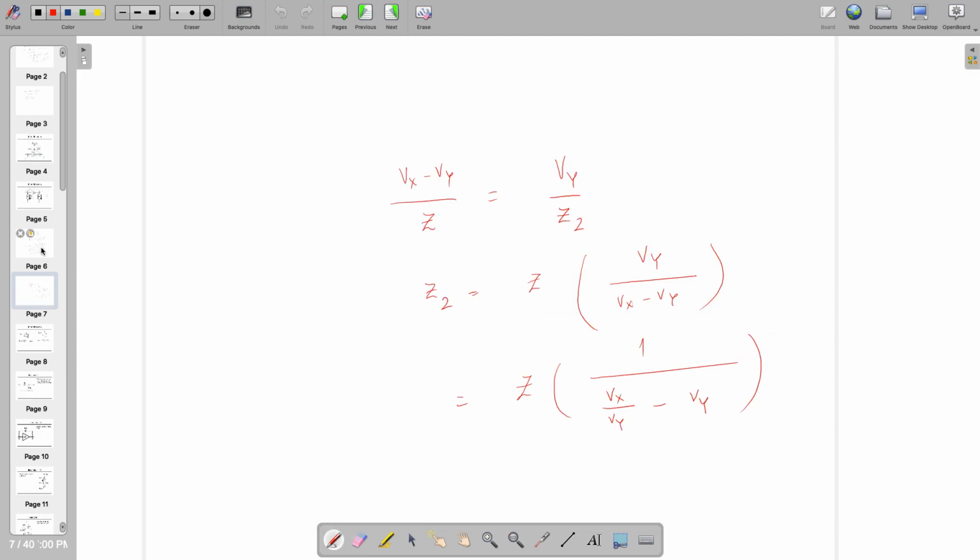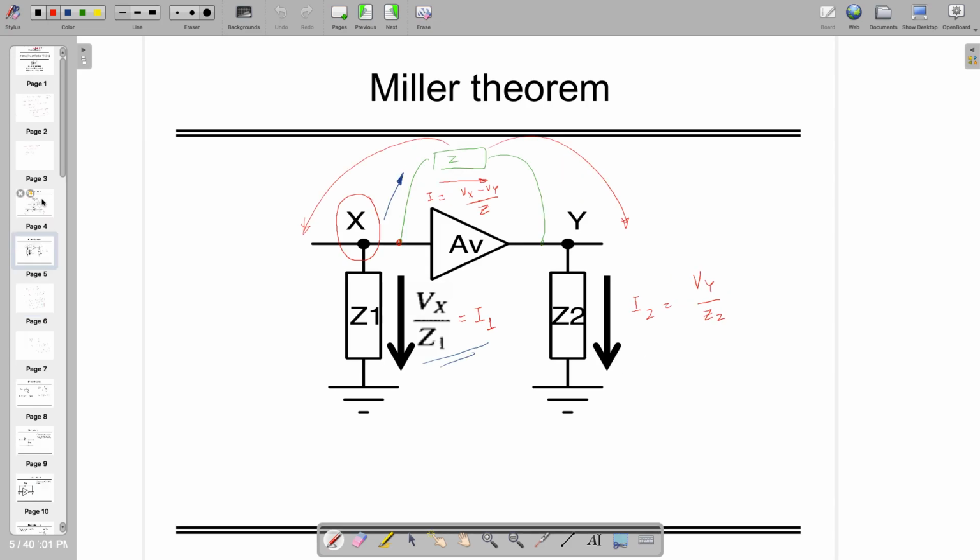Okay, there is one mistake, because of this node Vy, we have to consider the current going in a different direction, because now it's not a reference potential.